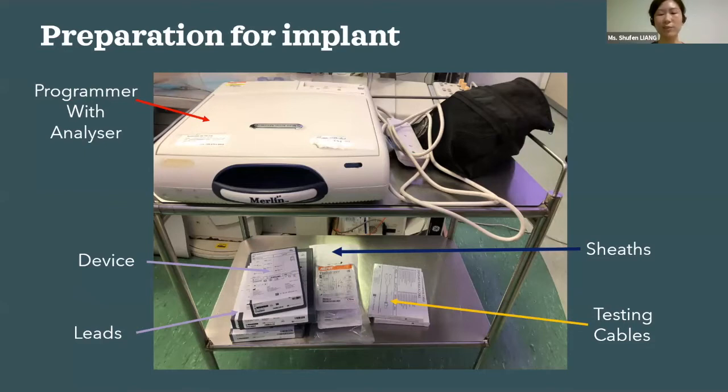So usually they come in 3 lengths, or they might be even longer ones, which you have to specially order. Then you have sheaths for you to do puncturing for the vein and to allow the leads to access the vein. And you need a testing cable to be connected to the leads and the analyzer to look at the electrogram.